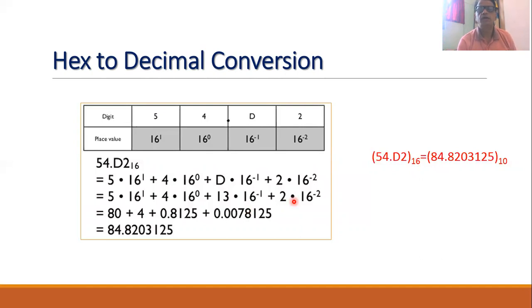So 16 raised to minus 2 is 1 divided by 16 into 16, and therefore this value is 0.0078125. So when we sum all such products together, the final answer that we'll be getting is 84.8203125. And therefore we can say that the hexadecimal number 54.D2 will have a decimal equivalent 84.8203125.